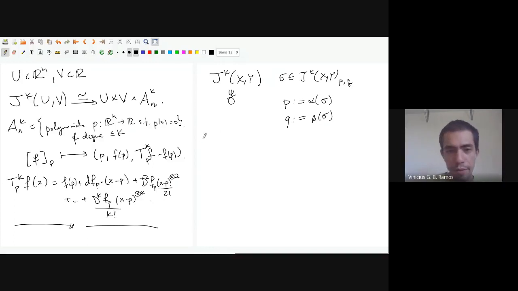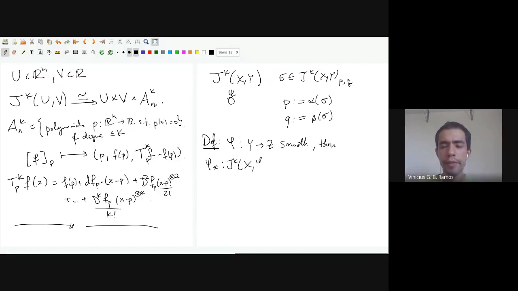Now we can define the push forward and the pullback of maps. So if phi is a smooth map from Y to Z, then we can define a push forward on jets, which takes a jet from X to Y to a jet from X to Z. And what does it do?